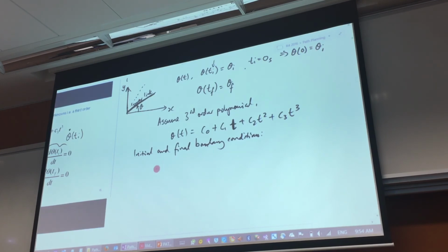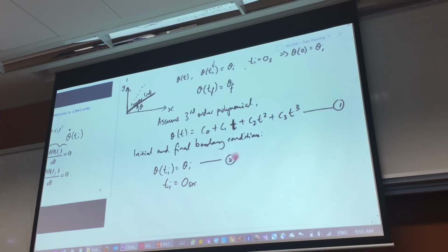So the first one, when theta is at ti, we have already written it down. That's equal to theta i. So we don't know what that initial angle is, but we just put that initial angle as theta i. And we know that ti is equal to 0 seconds at that time. So this one I call equation 1.